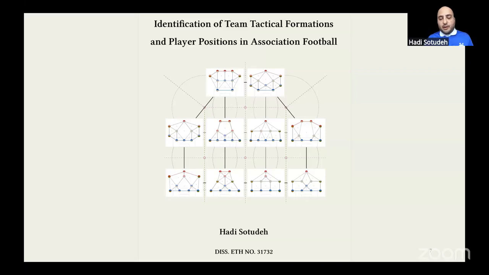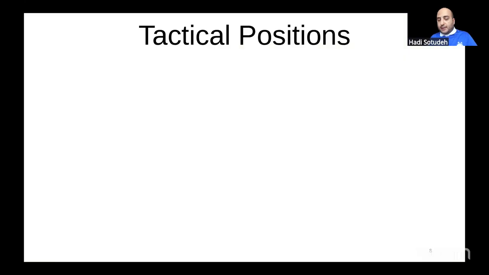So we are going to run the pipeline of my PhD work, where the thesis is publicly available. You can read it. It's around 200 pages. But a summary of that work can be presented in this slide, where the idea is that we want to infer the tactical positions of players in each match frame.